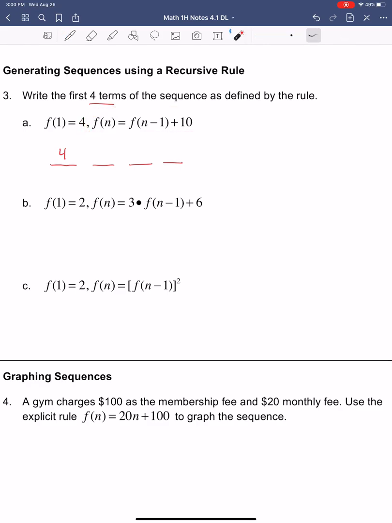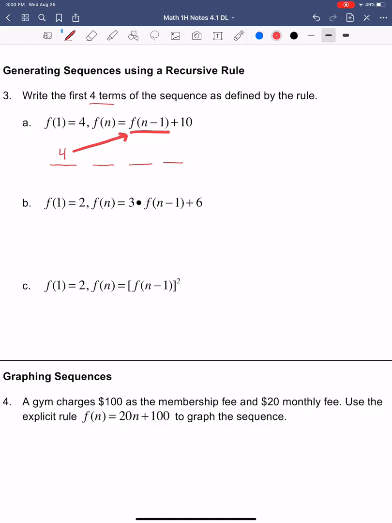Okay, so it tells you to find f of n, it equals f of n minus 1 plus 10. So really what I want you to focus on here is that this f of n minus 1, this piece, which is always pretty tricky, this is where we have a lot of trouble. Okay, this f of n minus 1 just means that number there.